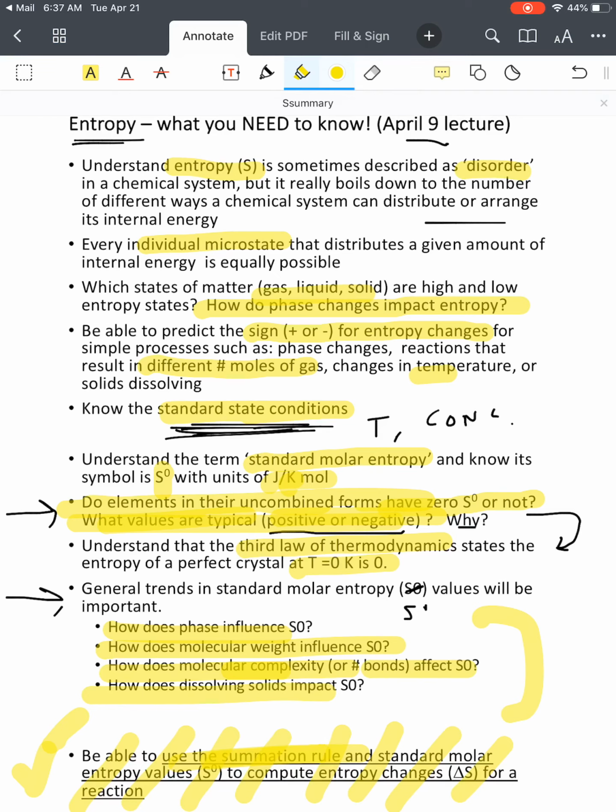It's pretty likely that you'd see a question based on this. So we want to get good at using those summation rules. It's nice because there's really three. There's one for entropy, the S. There's also one for enthalpy, H. There's also one for Gibbs free energy. So we use that same type of summation rule for all those variables.